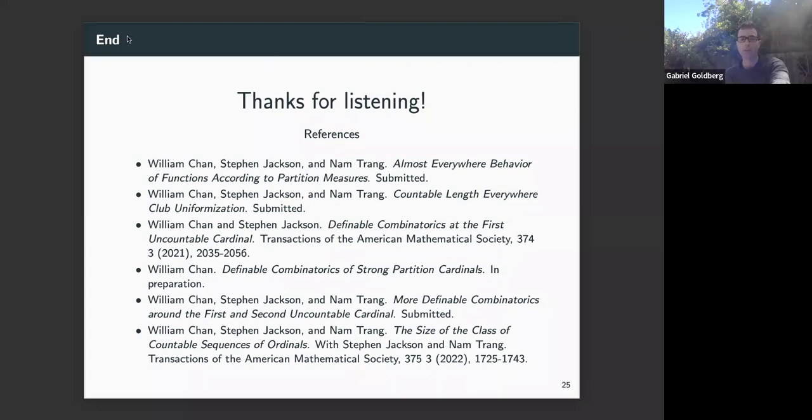I was wondering if, in general, you would expect that for all cardinals kappa less than theta under AD, kappa to the kappa doesn't inject into ord to the less than kappa, or is it possible that that fails at cardinals that aren't weak partition cardinals? No, as far as I know, it could.